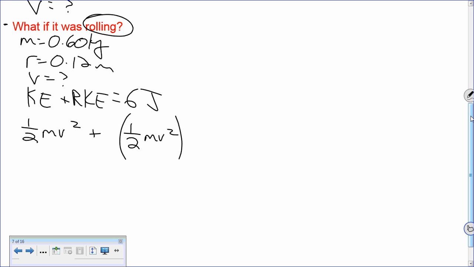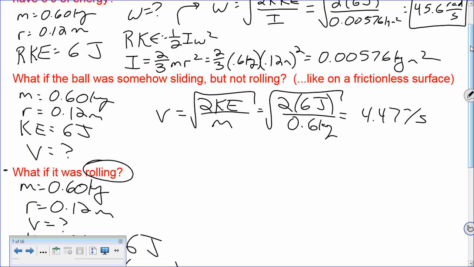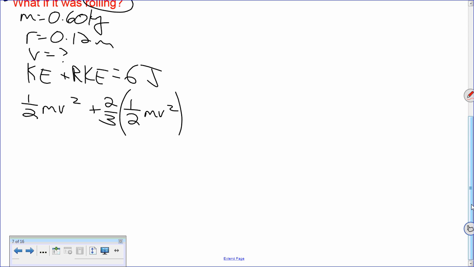It's 2/3, because that was the beta up here in our I. Here's my beta. Beta is 2/3. Follow? All right, and so this whole mass has to equal 6 joules.